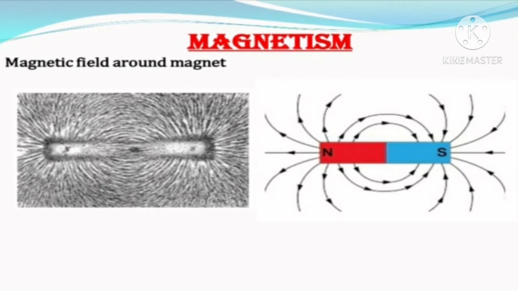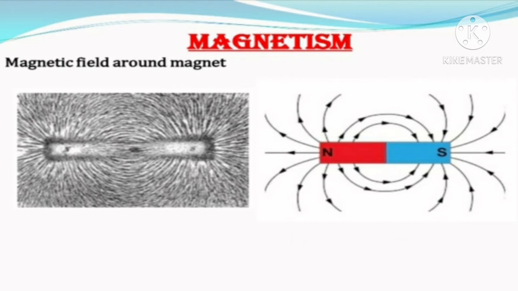Magnetic field around a magnet. The magnetic field is a space where there is an influence of a magnet. There are different types of magnets: bar magnet, horseshoe magnet, and needle compass.